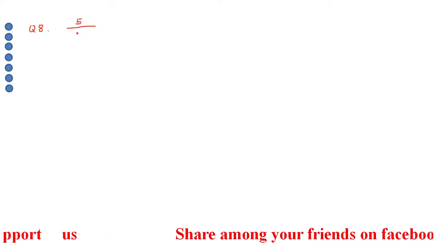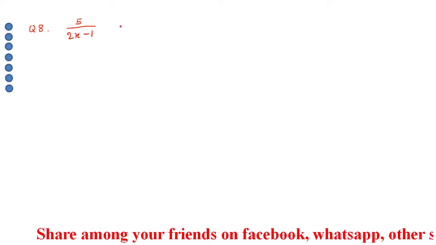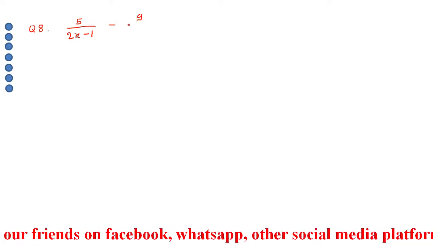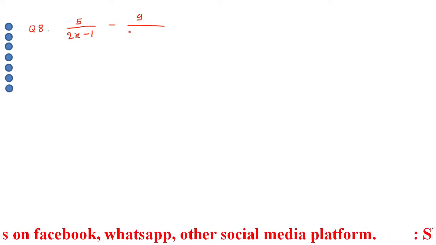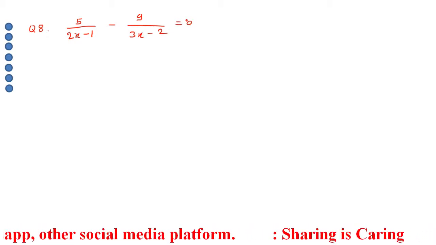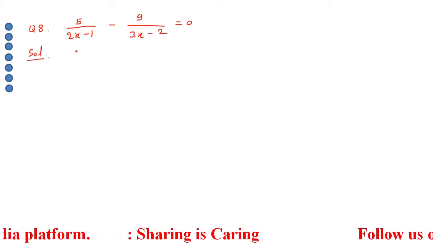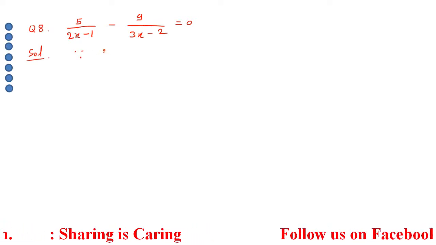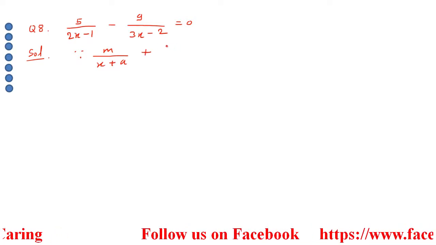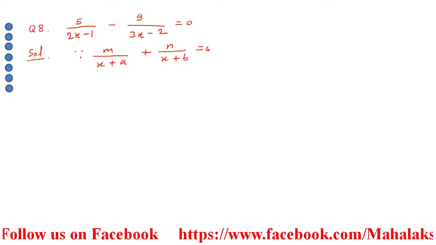That is 5 upon 2x minus 1, then a minus sign in the middle, then we have 9 upon 3x minus 2 is equal to 0. So this question is also of the same format. So we will write down again the same result, since the formula we are going to use is m upon x plus a, then plus n upon x plus b equal to 0.